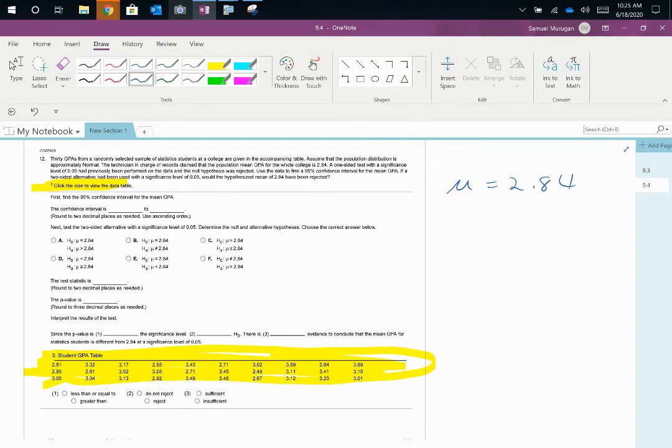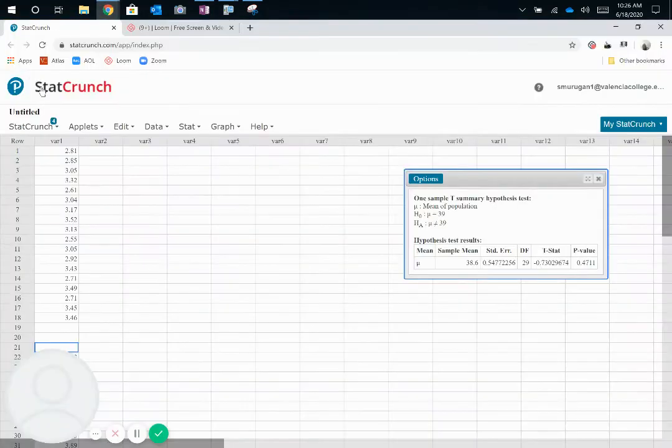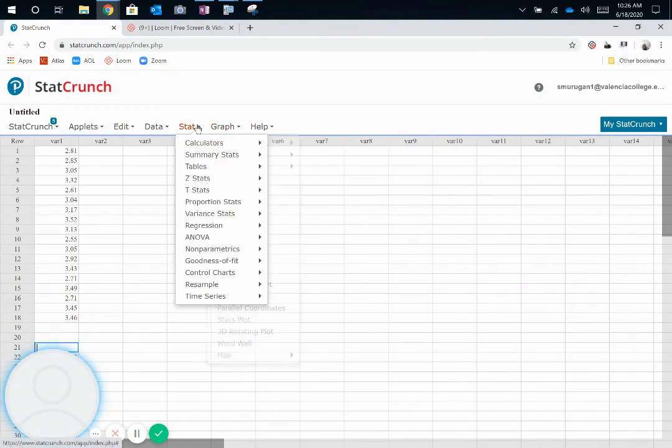So first we need to compute the confidence interval. I hope you guys can remember how we do that. I already moved this data into a table, and I'm going to first get my confidence level.